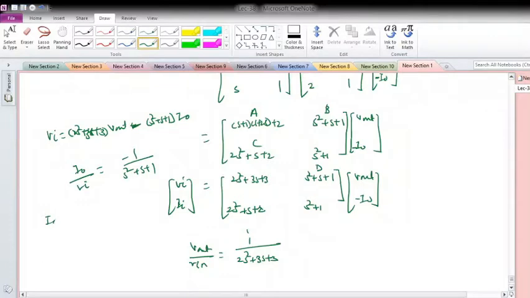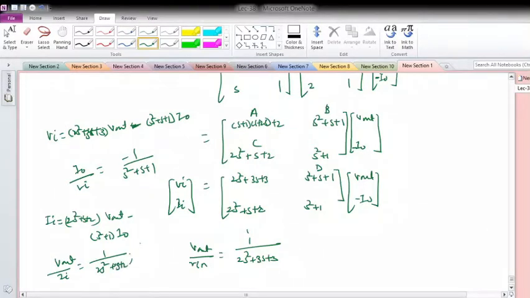You can also write II, which equals 2s square plus s plus 2 into V out minus s square plus 1 into I out. If I would like to find V out by II, I can write 1 over 2s square plus s plus 2.